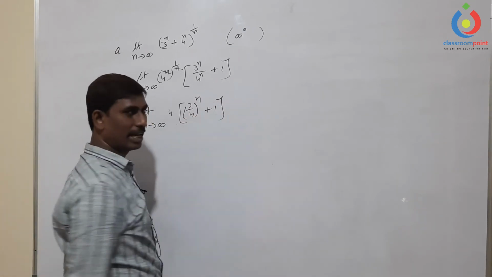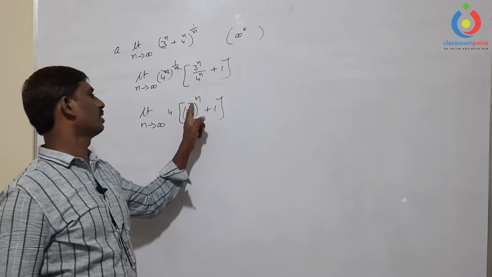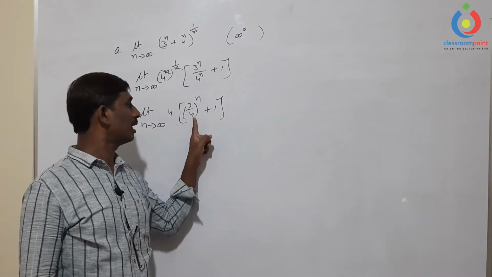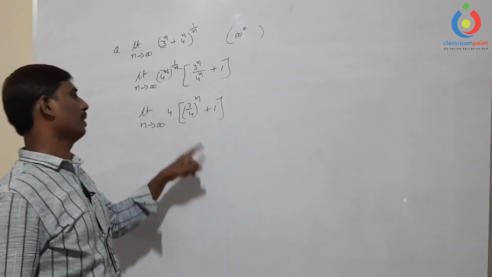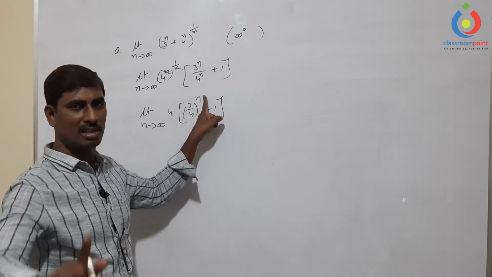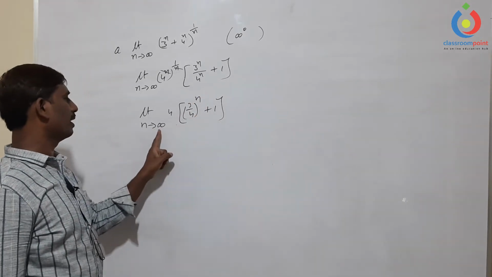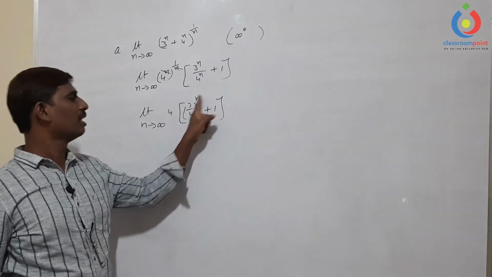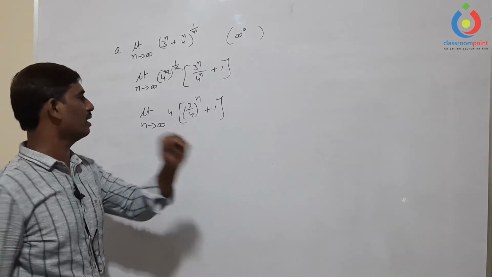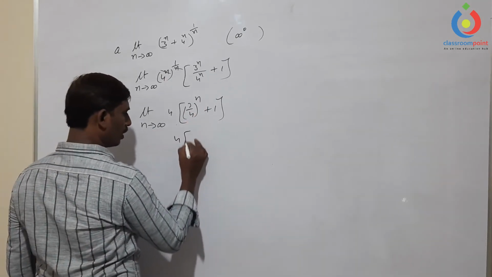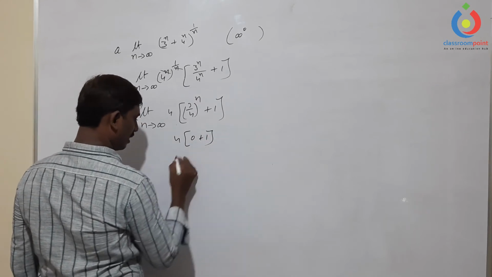Now see here, 3 by 4 is above 1 or below 1? Below 1. Below 1 power infinity is always 0. In the place of n you should take infinity. So 4 into 0 plus 1, the answer is 4.